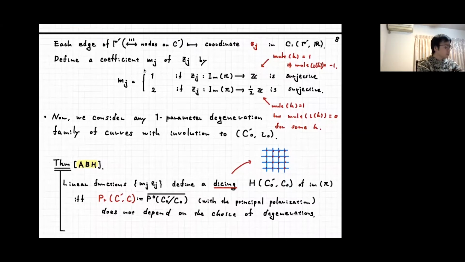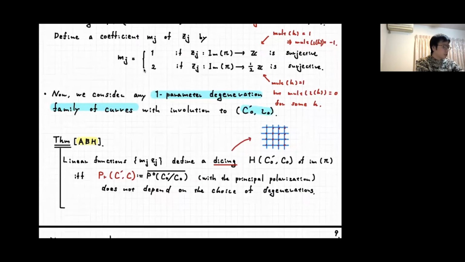Now we consider any one-parameter degeneration family of curves with involution, which degenerates to the nodal curve C0 prime with the involution tau prime, iota prime, iota node.